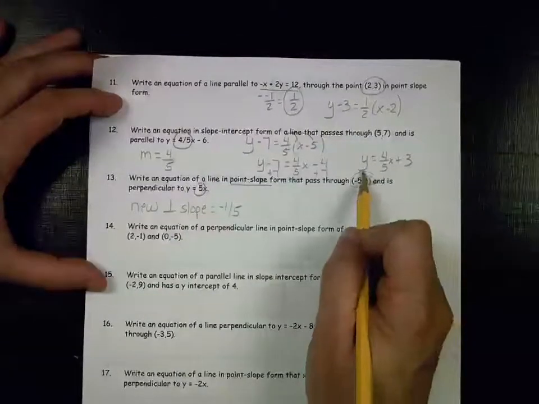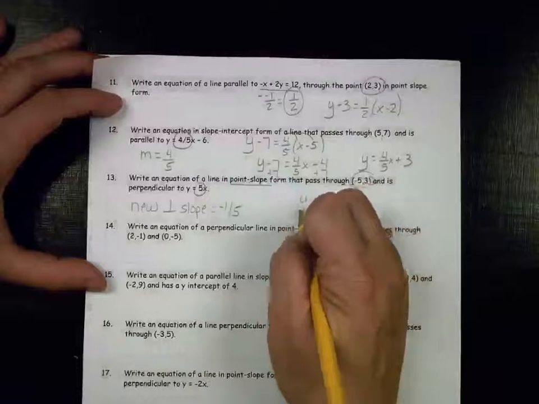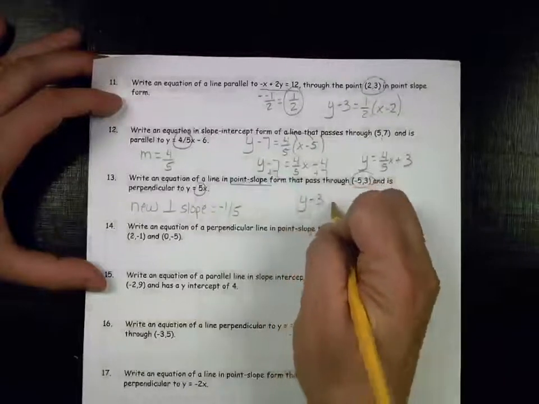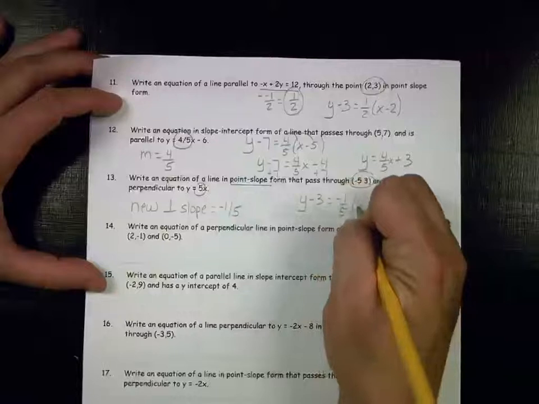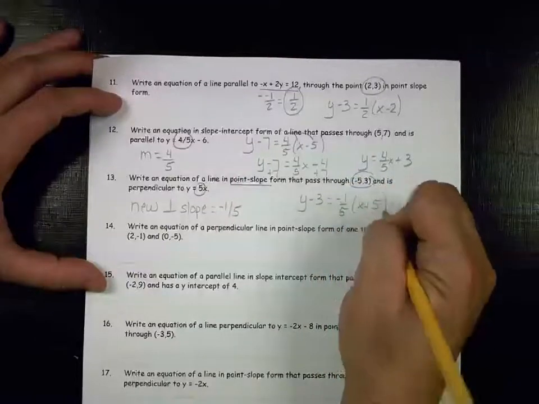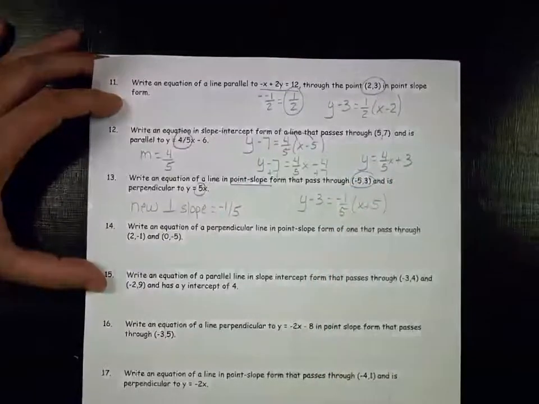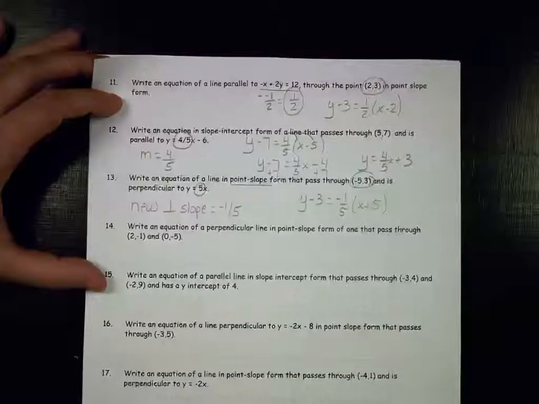And then here is our point. So we will have y minus 3 equals negative 1/5 x plus 5. And this one, they asked for point slope form, so you can keep it just like that.